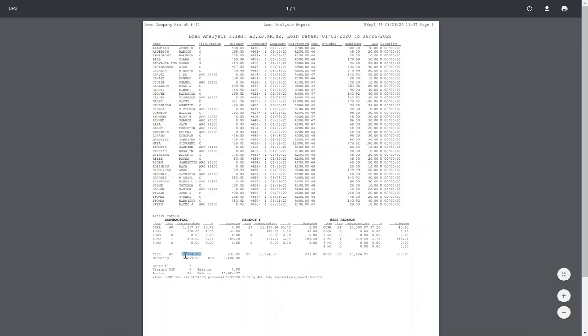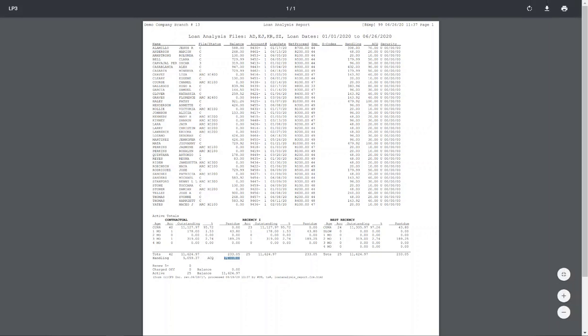So of the $11,624.97 that was lent out to the customers, the amount of money that will be coming back for handling charge will be $5,059. The acquisition charges will be an additional $1,400. So roughly $6,459 will be coming back in addition to the original lent amount being paid back.